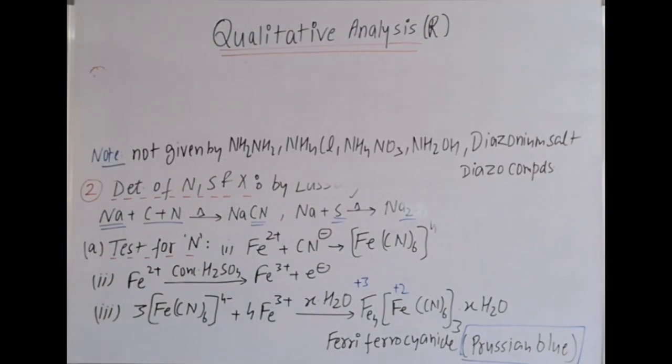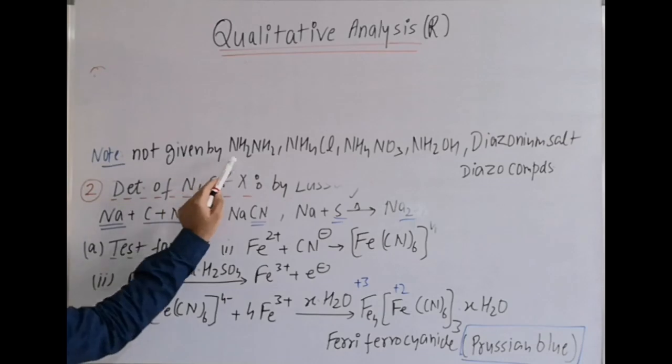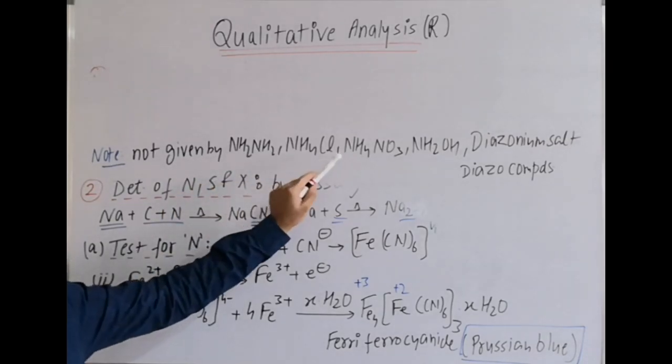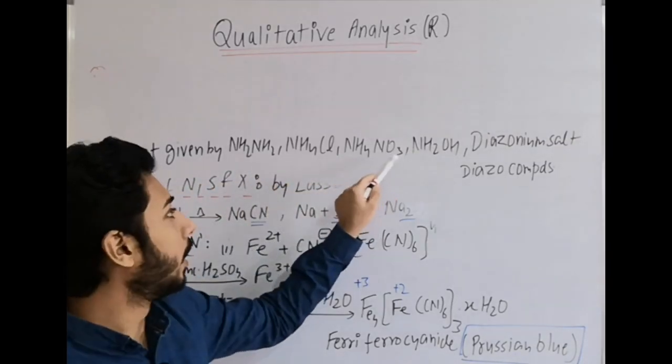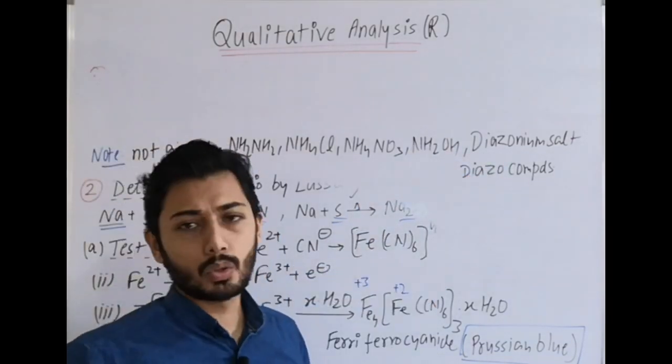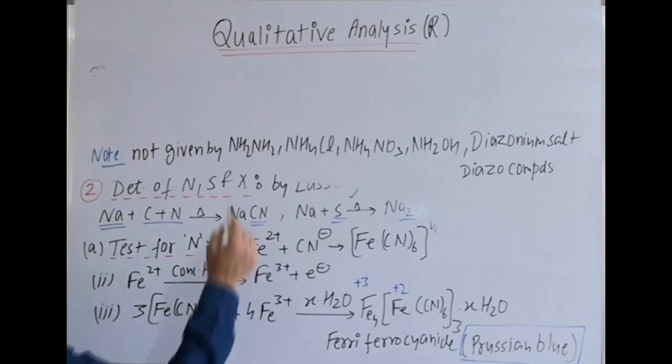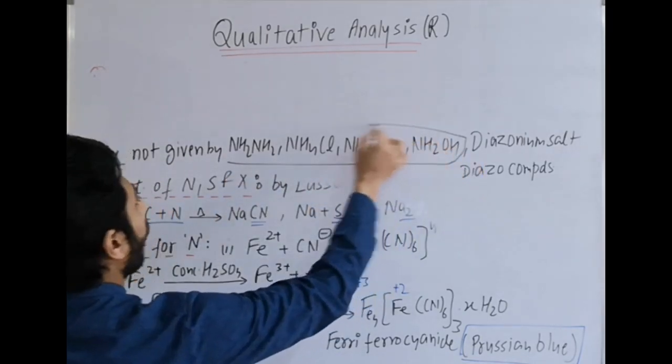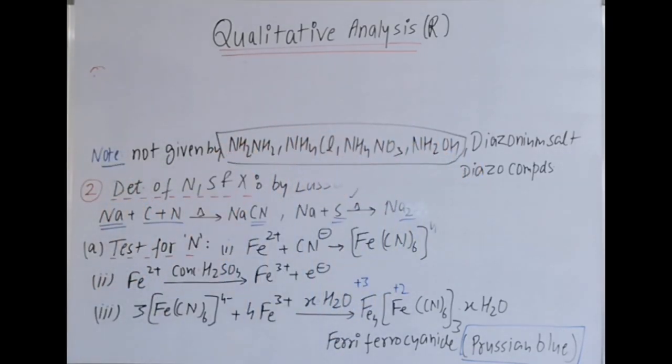Then an important point is that this test is not given by hydrazine, ammonium chloride, ammonium nitrate, hydroxylamine, diazonium salts or diazo compounds. Why is it not given by these? Because they contain nitrogen but not carbon, and we know to test the nitrogen we started with which ion?